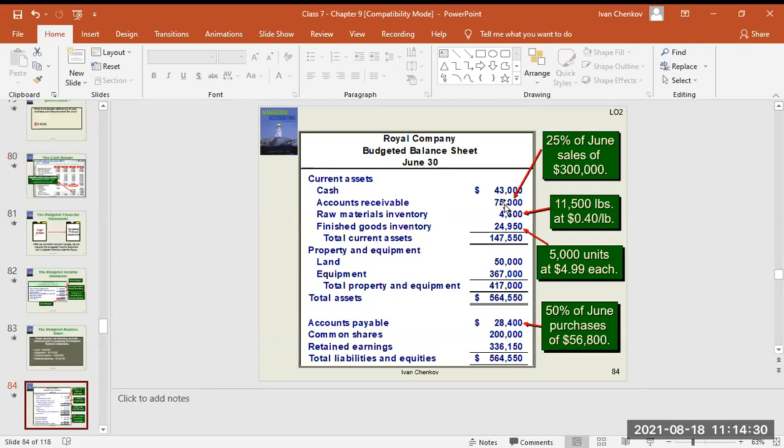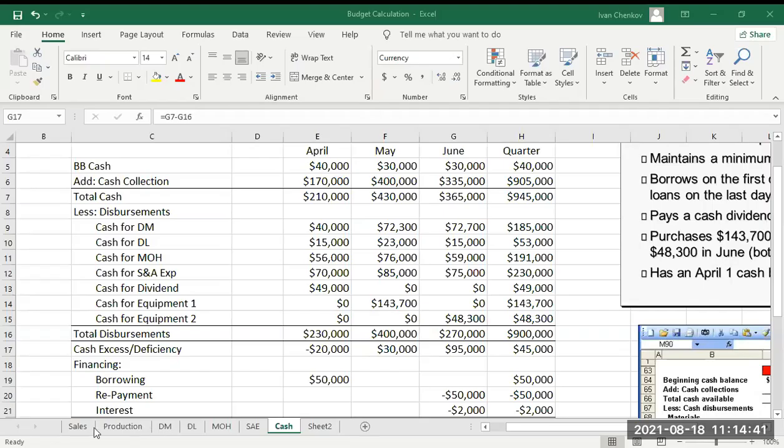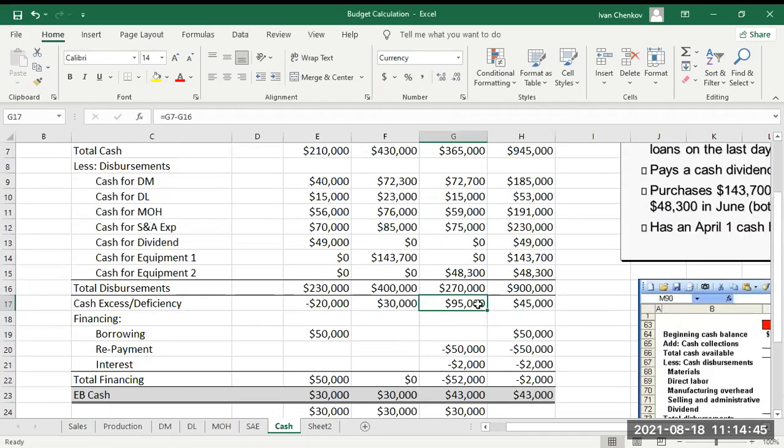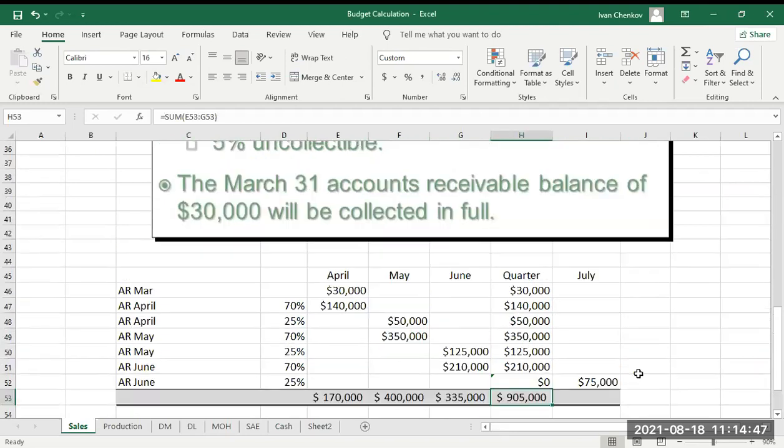Accounts receivables, if you remember, comes from the collection budget on the sales, which we calculated. Where's my sales? Here. And we said the $75,000 at the end of June, which will be collected in July, is my accounts receivables.